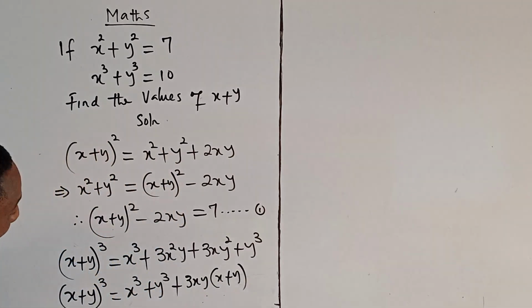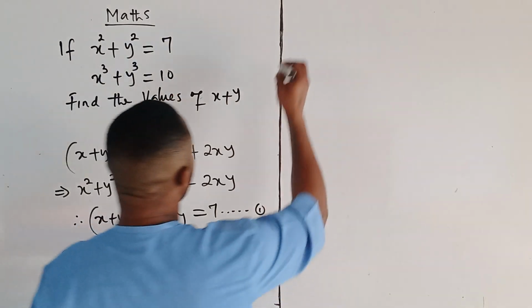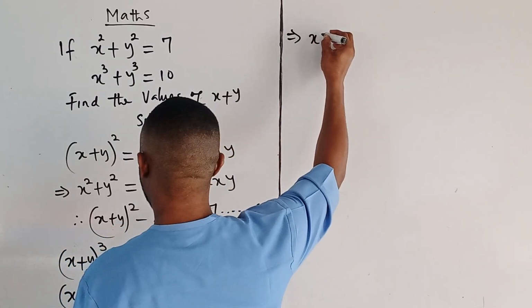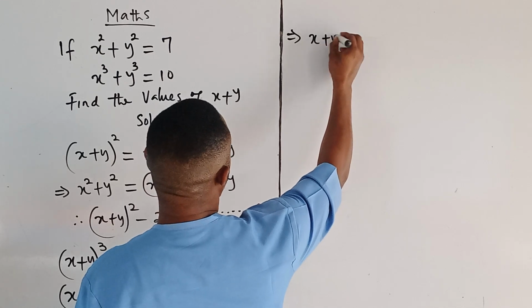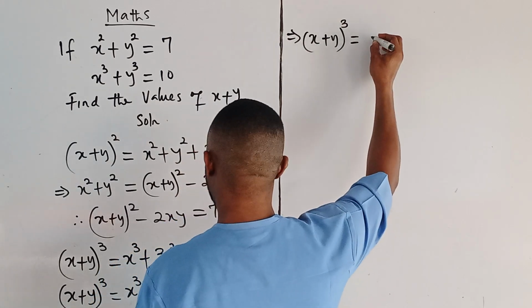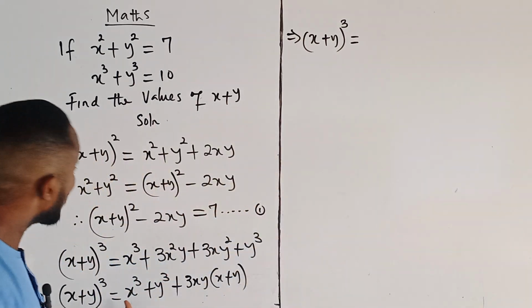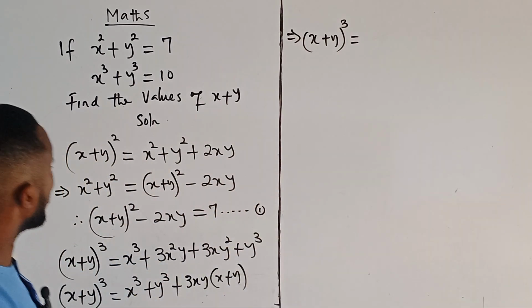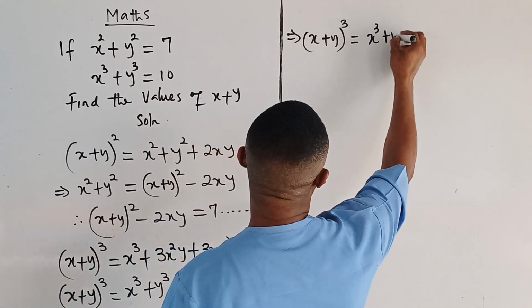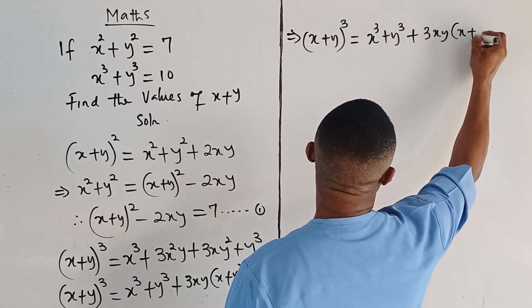And I know again that x cubed plus y cubed is equal to 10. So x plus y all cubed is equal to x cubed plus y cubed plus 3xy into x plus y.